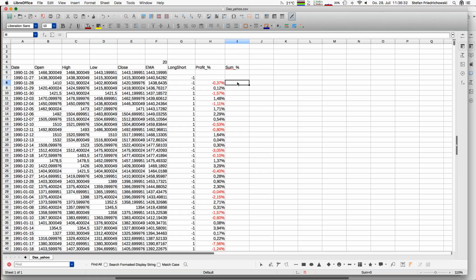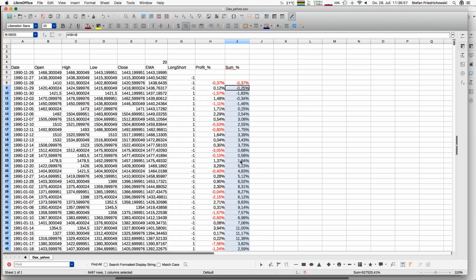Let's start here with the first trade, and then in order to get everything summed up, we always have this kind of formula: the today result plus the sum of the history, and then we have everything summed up.